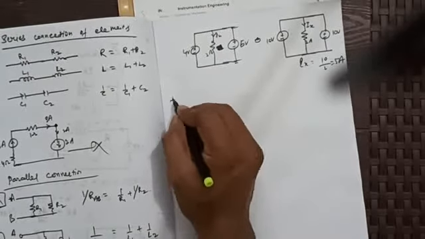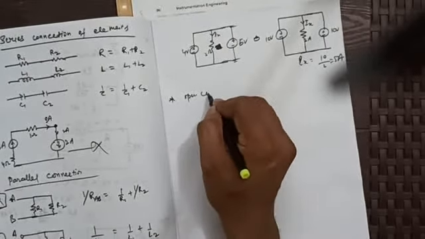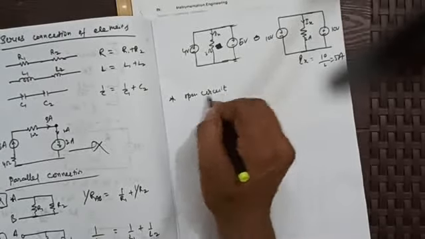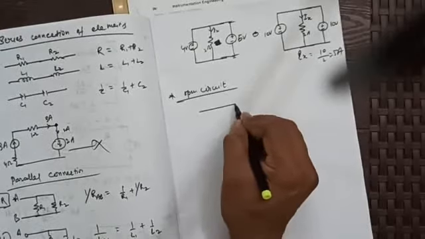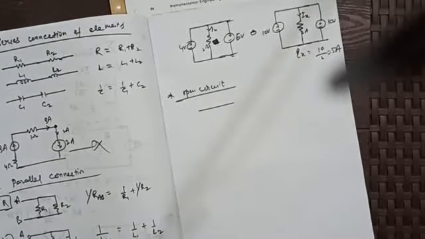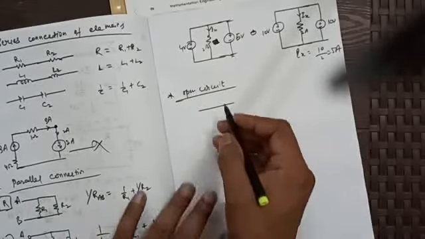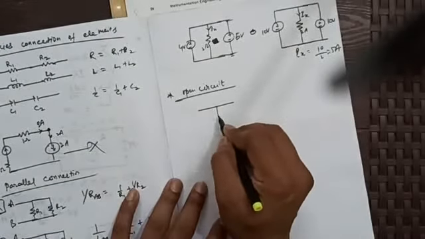Now open circuit. In any network, a passive element connected in series with an open circuit can be neglected. How? Let's see.